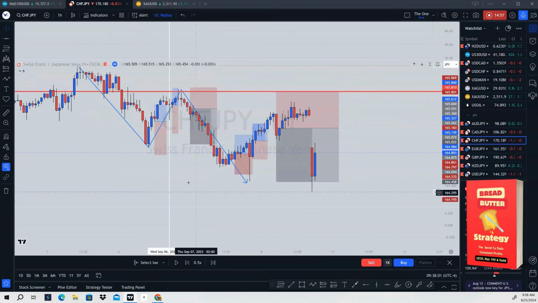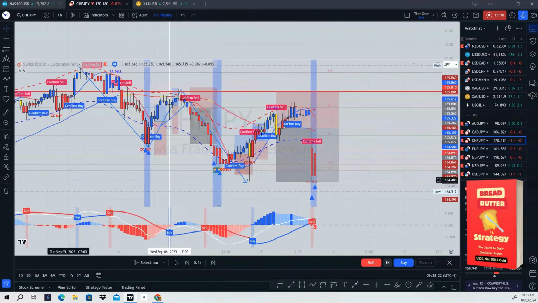Okay. So when you're trading the bread and butter strategy, you're trading against the trend. That's why we only stand in the market for a short period of time. Now to get in on the actual trend, all you have to do is after you get the high probability spike, wait for price to pull back.